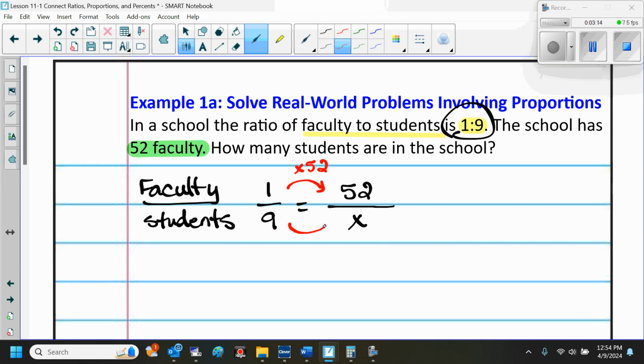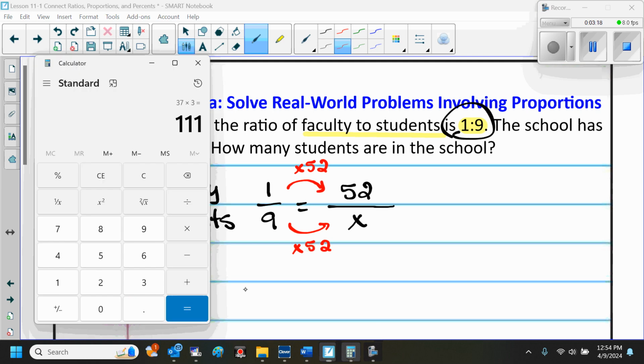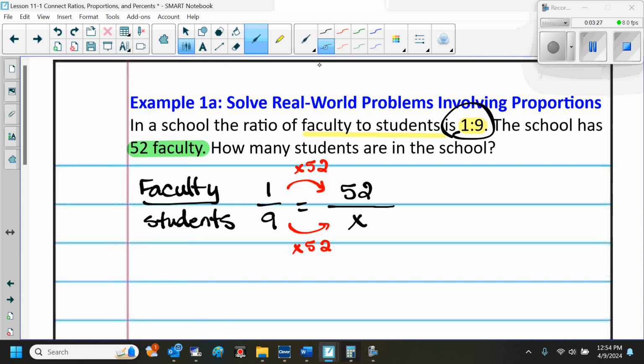So you multiply down here times 52, and 9 times 52 gives us 468. So x is equal to 468 students at the school. Is everybody clear? Again, it is okay to cross-multiply. It's just a little more work that you don't really have to do.